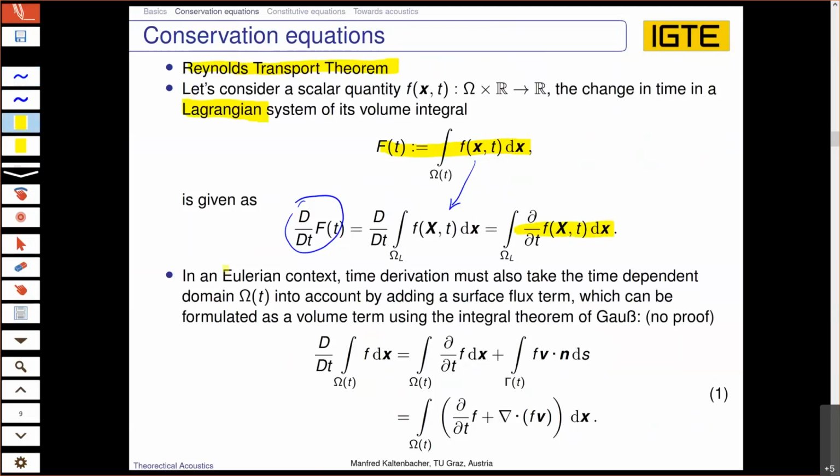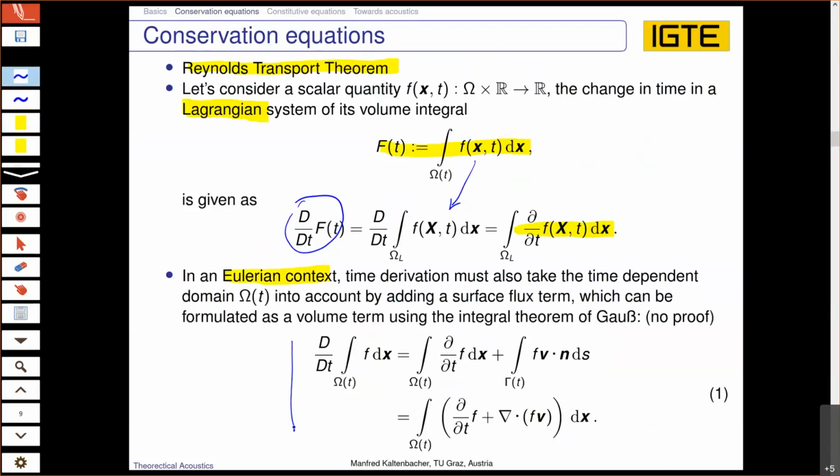But in the Eulerian framework, we have to be careful because we know that the total change includes not only the partial derivative with respect to time, but also the convective term. And that makes sense that it has the following relation as shown here on these two lines.